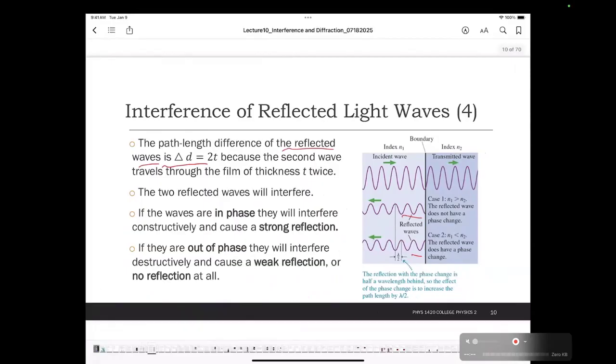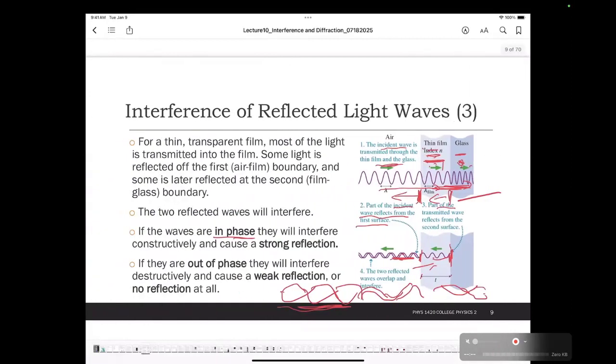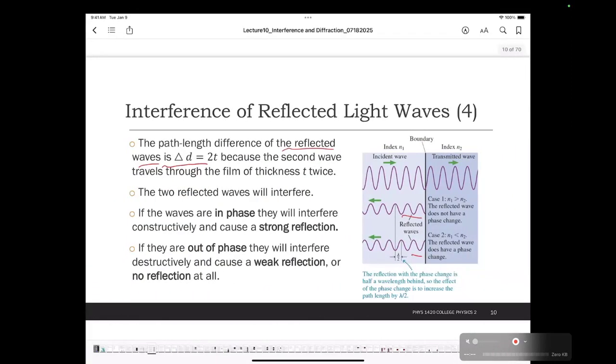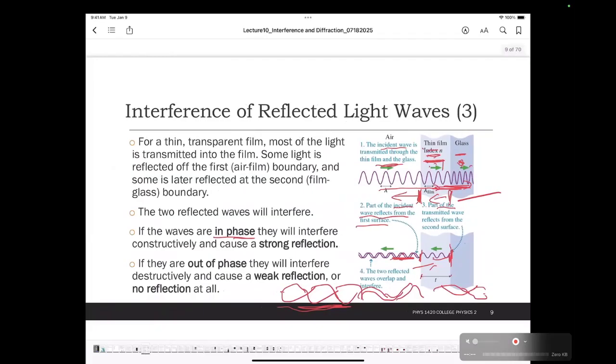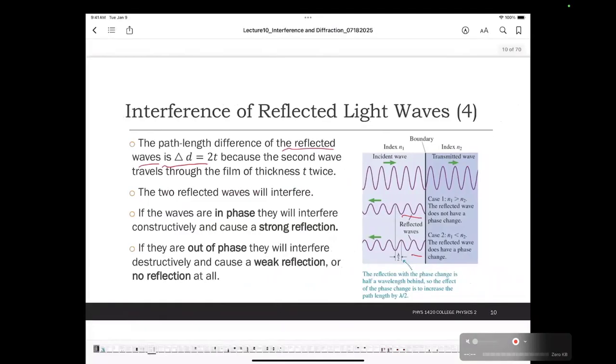Because here it will reflect some, and the other will hit this surface and come back, which means one is T, and forward and backward is 2T. The second wave travels through the film of thickness T twice. Does it make sense to you?